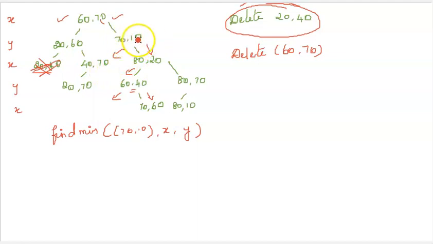So when I compare 70 10 with 60 40, I find 60 is lesser in x dimension. So this is going to be the minimum key for this deletion. So I'm going to replace that 60 40 in this position. So this 60 70 will be deleted, and instead of that, this 60 40 data will be added.